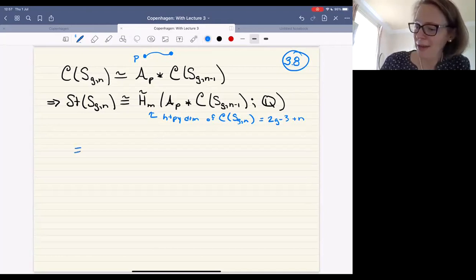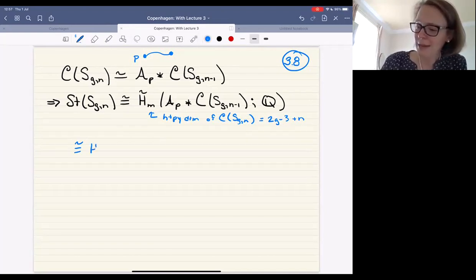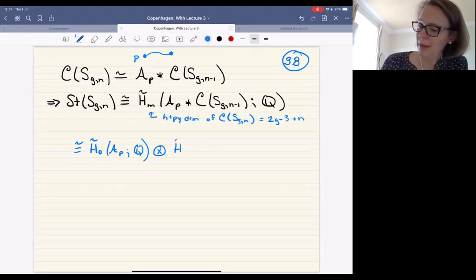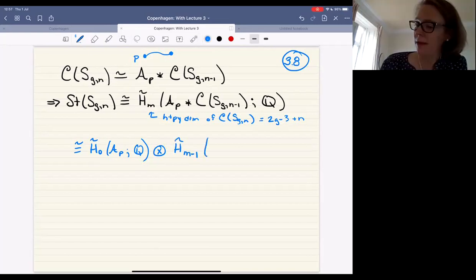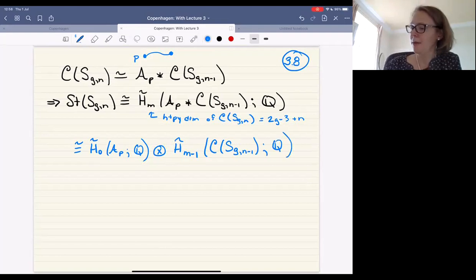If I want to break this down, I'm just going to get out my favorite version of Künneth, and what I'm going to get is the 0th reduced homology for the arc complex with coefficients in Q, tensored with the (n minus 1)th reduced homology for the curve complex with one fewer boundary component.